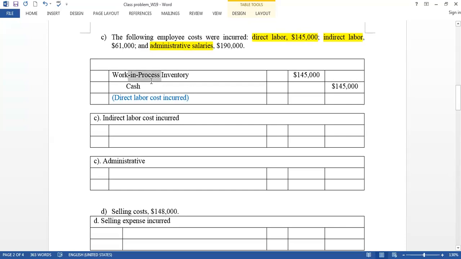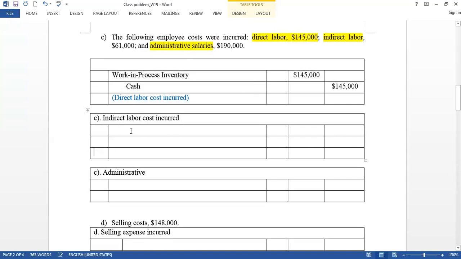Now we have indirect labor cost. Now this is the journal entry. Indirect labor transfer to manufacturing overhead. So manufacturing overhead debit, right? Direct labor transfer to work in process, indirect labor transfer to manufacturing overhead.